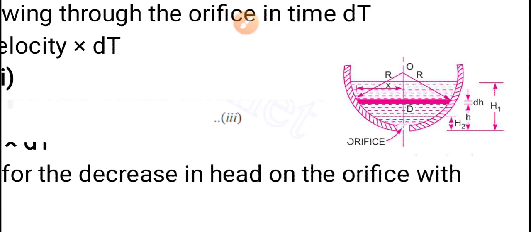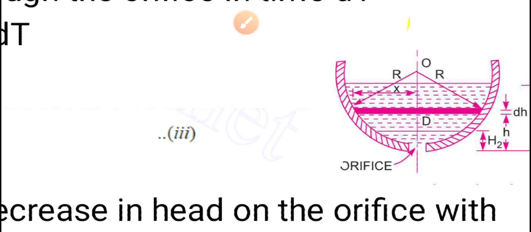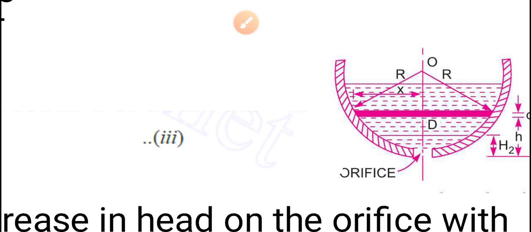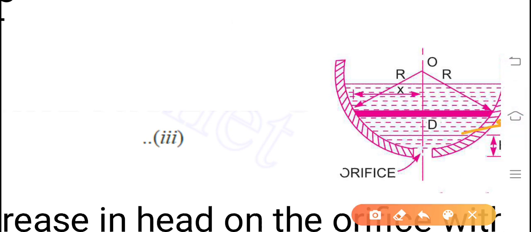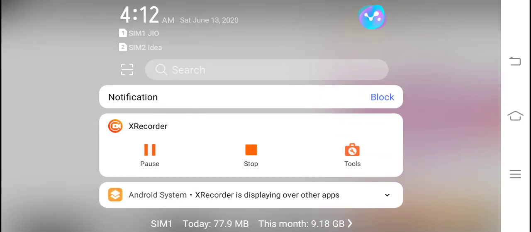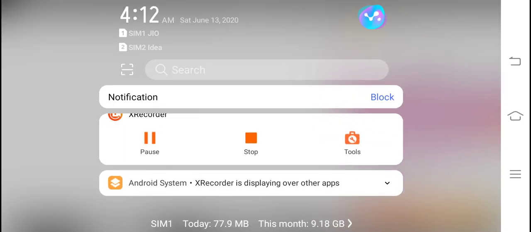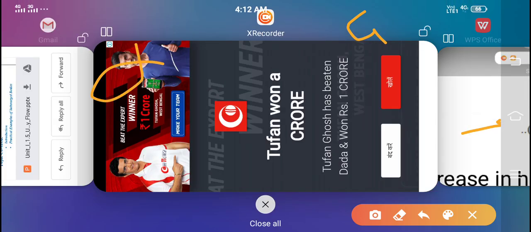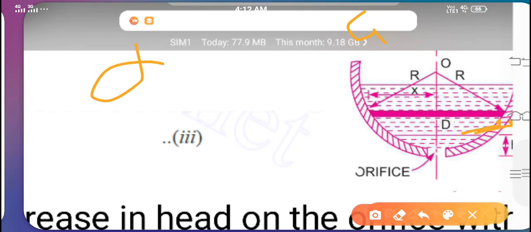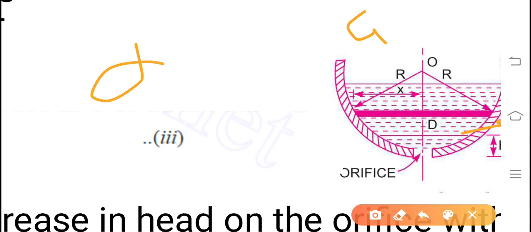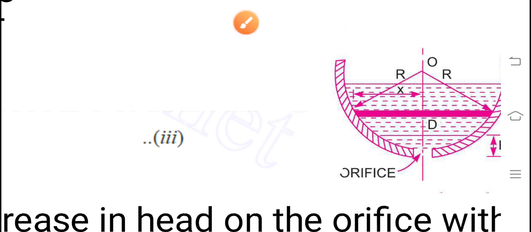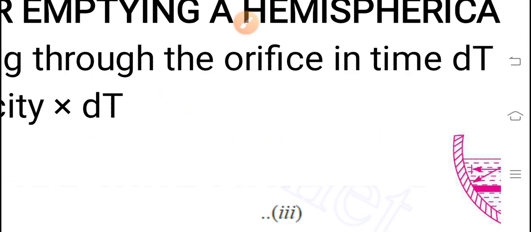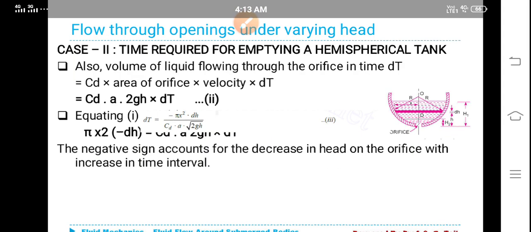Now, CO is nothing but the radius R, where CD is x, and DA must be equal to CD, that you have to calculate. So that is being calculated here.